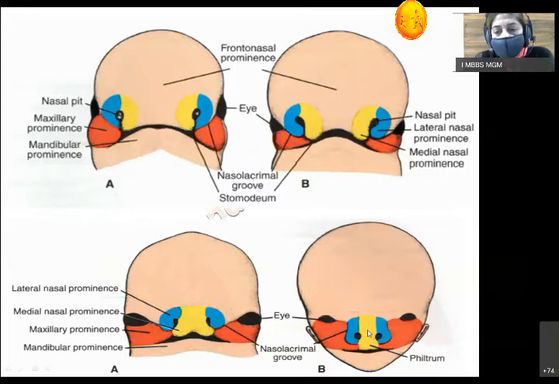So first is narrowing of the intermaxillary process or frontonasal process, which brings the external nares close. Maxillary process causes the eyes to go to their normal side and mandibular process shifts the ears to their normal side. Okay. So basically three processes are involved in the development of the face.